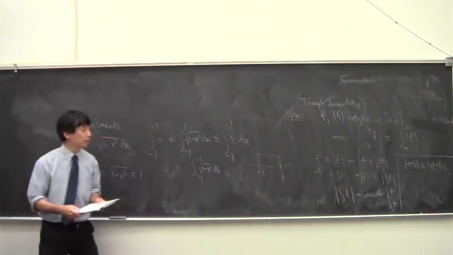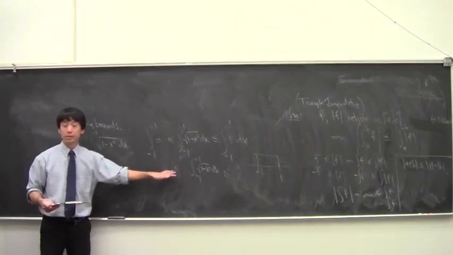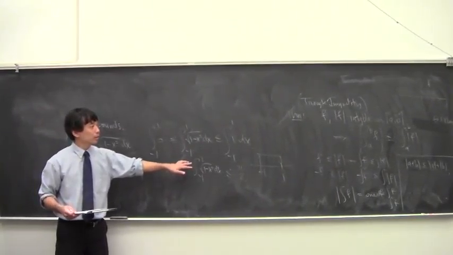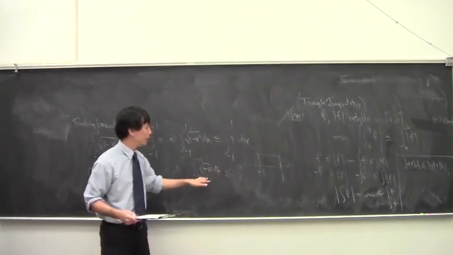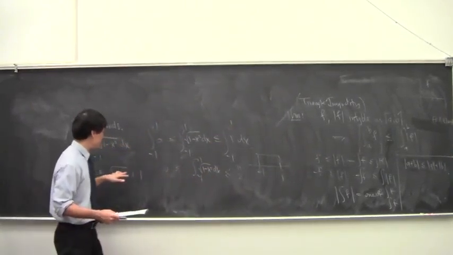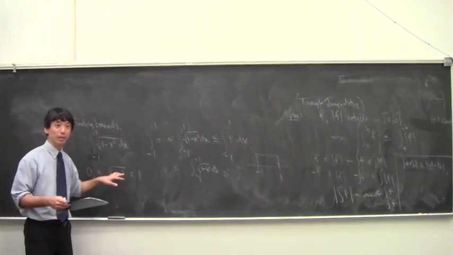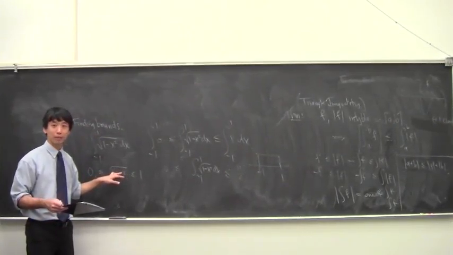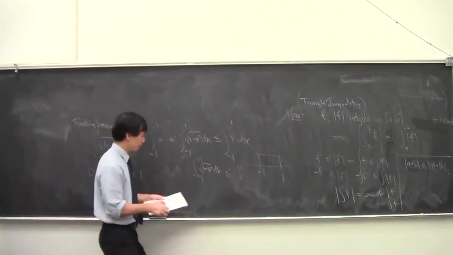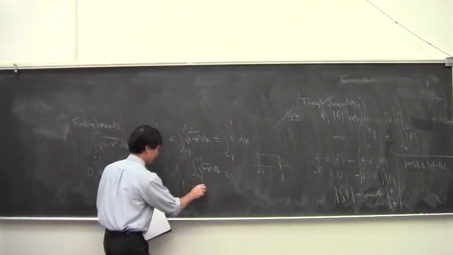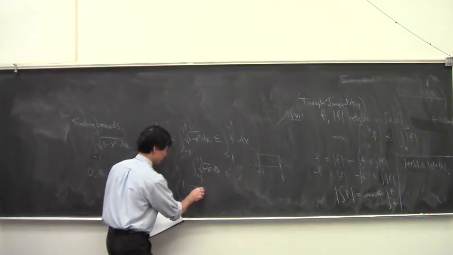So using the properties we had before, you can do this sort of game and get an estimate of integrals which are not obvious. Some integrals are not so obvious. The one that I was going to do was this one.